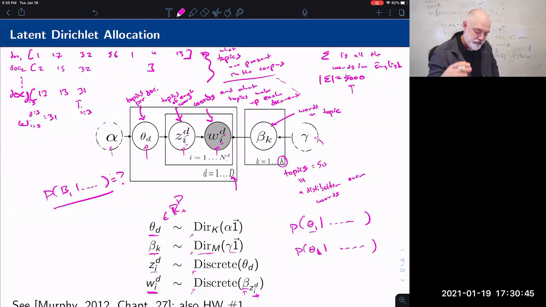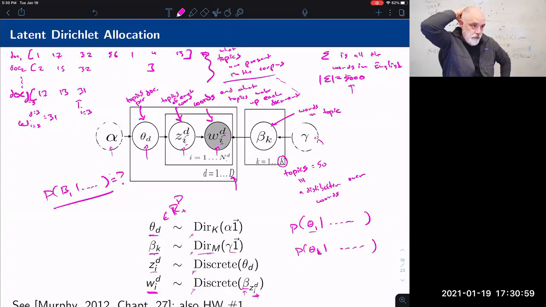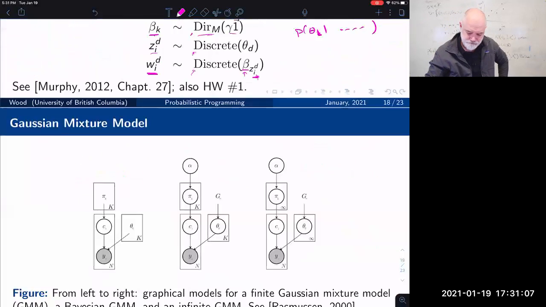But the not-easy problem in homework 1, it's not that hard, but it will force you to really understand what's going on when we're doing inference and how to reason in probabilistic models. You will write a non-probabilistic programming sampler for latent Dirichlet allocation. It's a good exercise.